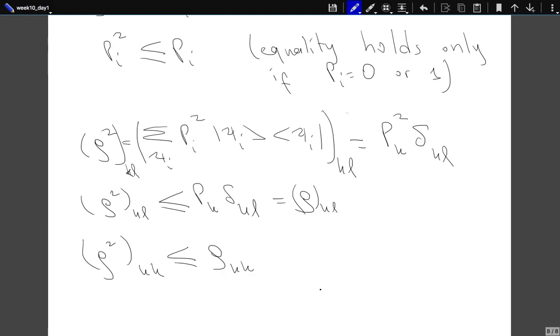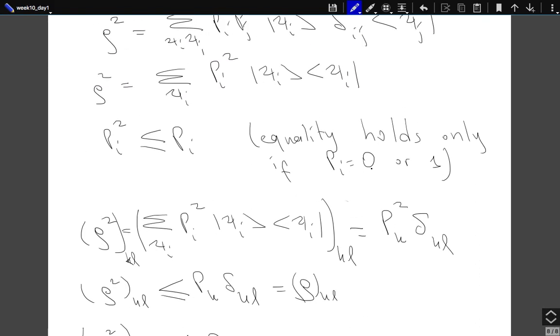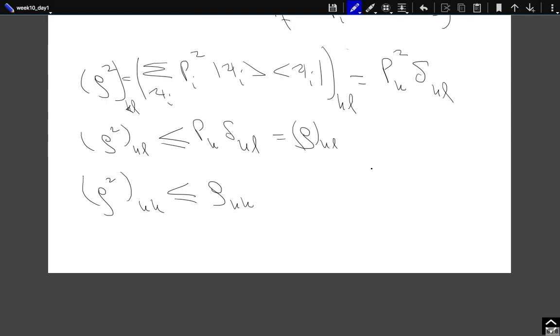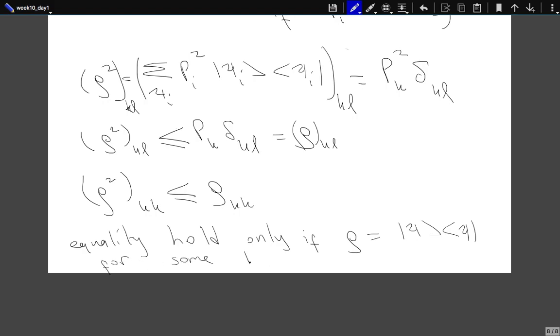Well, let's see under which conditions equality holds. You see, equality holds if the probabilities are 0 or 1. Of course, since the sum of the probabilities should itself be 1, at most one of them can be 1, all the rest should be 0. So basically there is a single state describing my system.